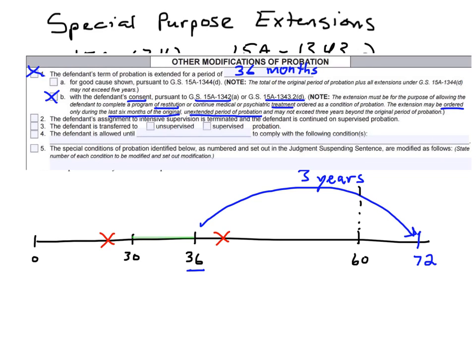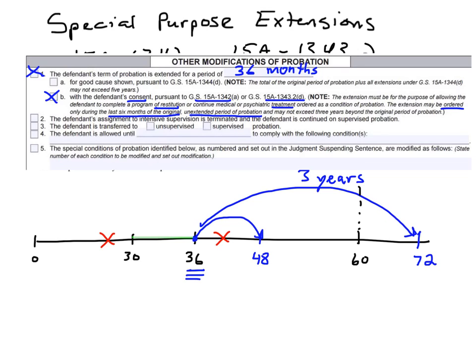This reference to unextended period of probation is helpful because it really highlights that if a person who had a 36-month term of probation initially had already received either a special purpose extension or, let's say, an ordinary extension out to 48 months, it would be too late to do a special purpose extension at that point because they're no longer in the last 6 months of their original period of probation, which in this case was 36 months.